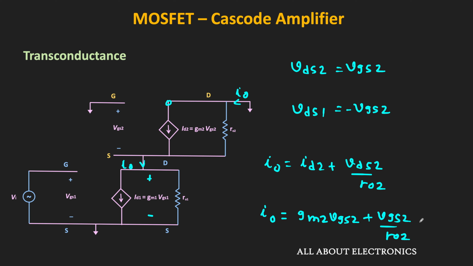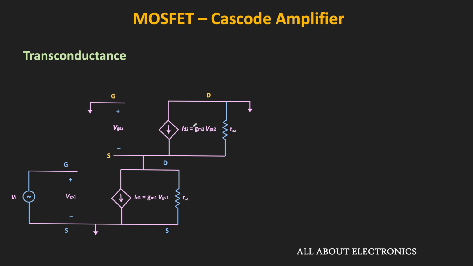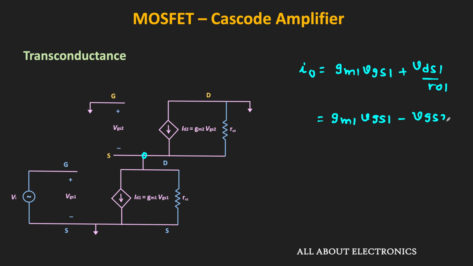Let's say this is equation number 1. Similarly, if we apply KCL at this node, then we can write current I0 is equal to gm1 times VGS1 plus VDS1 divided by ro1, or we can say that it is equal to gm1 times (VGS1 minus VGS2) divided by ro1.